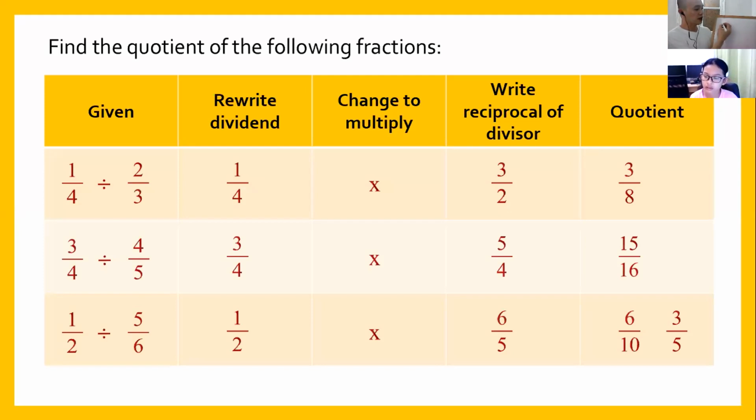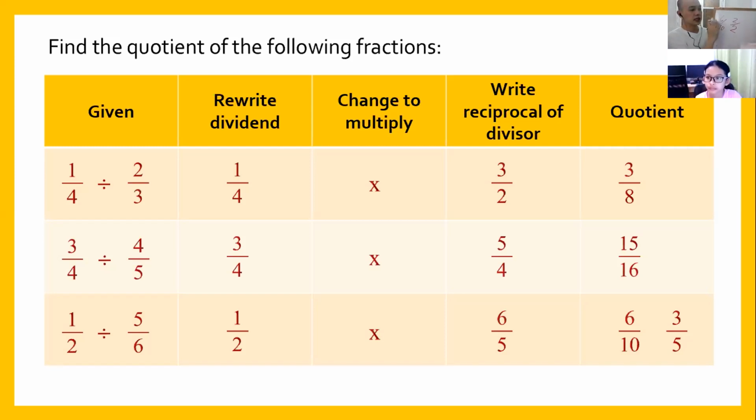So if you have here 6 over 10, 3 times 2 is 6, right? And then 5 times 2 is 10. So that means they have 2 as a common factor. So you will have 2 over 2.